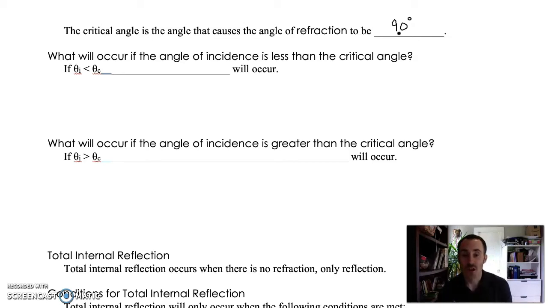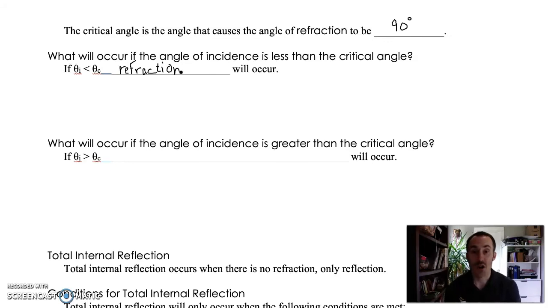If the angle of incidence is less than the critical angle, then you're going to get refraction of some kind. The light is actually going to make it into the medium. Refraction will occur. We've also been using the word transmission. Transmission is just the general term for one thing going into another. For light going from one medium to another, it's being transmitted into the new medium.